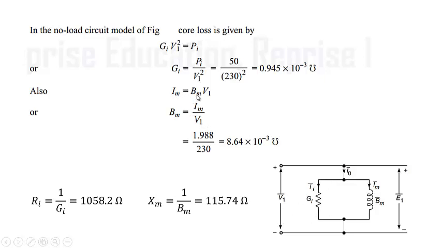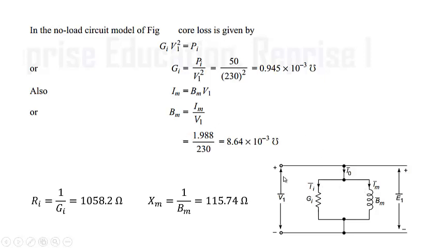Similarly, Im is equal to Bm into V1. This Im is equal to V1 divided by Xm. You can also get Ii equal to V1 Gi, and in that case also you will get the value of Gi. Since this has been calculated from the power, usually it is calculated without calculating Ii.